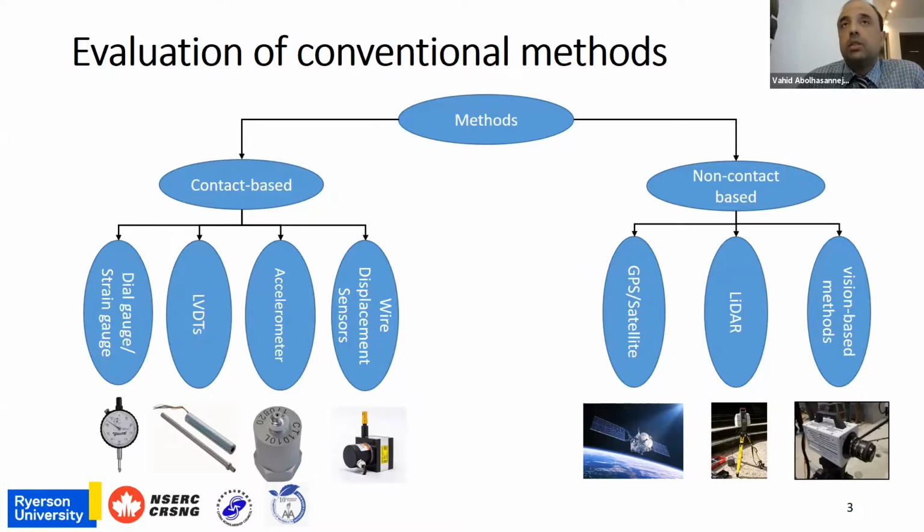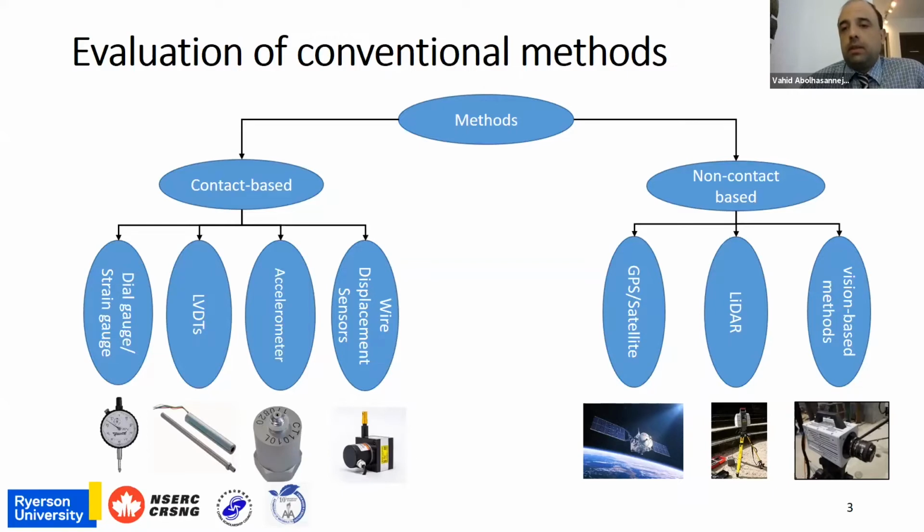And LiDAR is also a good and accurate method, but it is more expensive than the others. The other deficiency of LiDAR is that it can only monitor the infrastructure from far distances. It should be located far from the structure so that it can detect and make the point cloud of the structure.